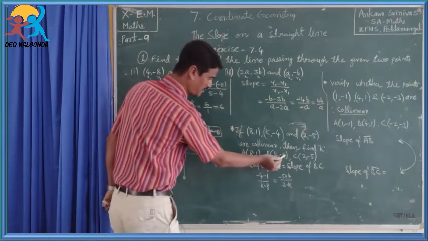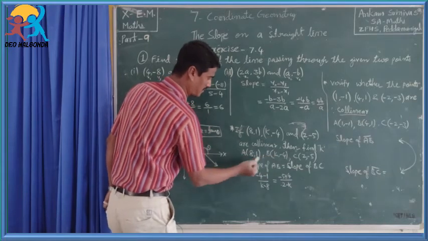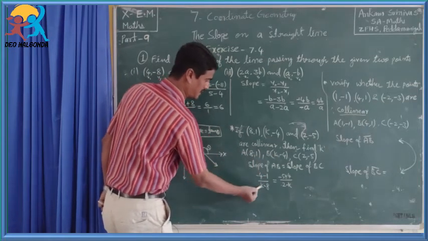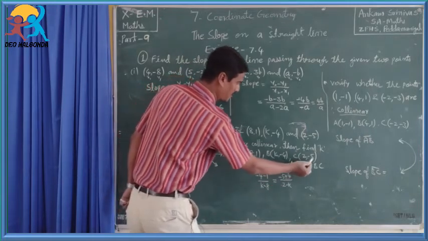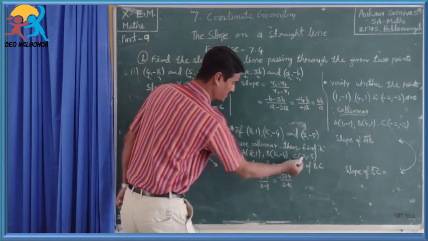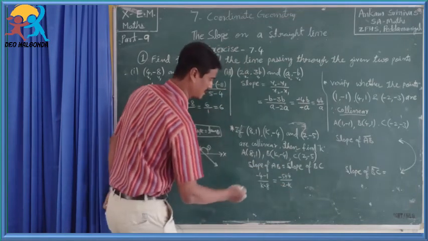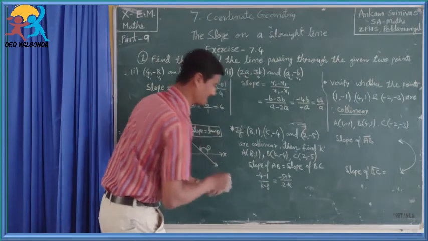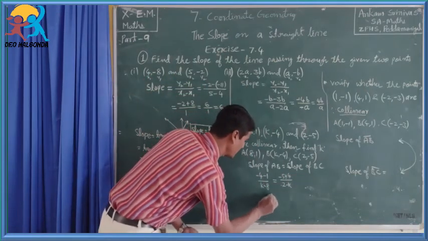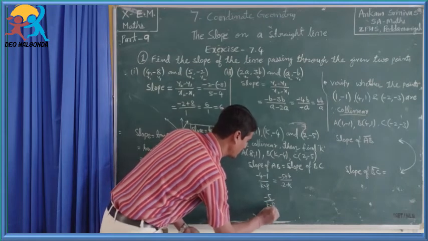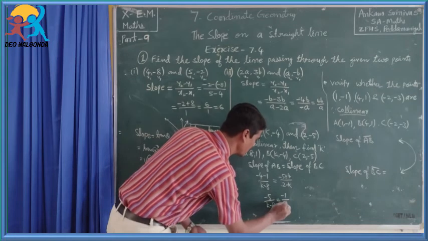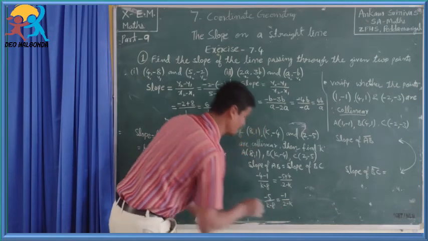Then do the cross multiplication. Here minus 5 by k minus 8 equals minus 1 by 2 minus k.